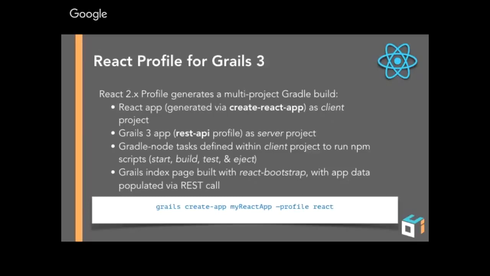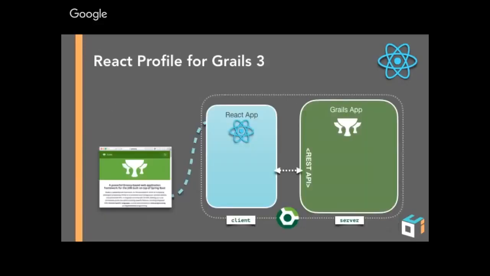If you just say grails create-app and pass in the React profile, this is what you get. It gives you a Gradle multi-project build with a client project and a server project. The server project is our Grails app, using the REST API profile. The client is a React app created by the Create React App CLI with some customizations.